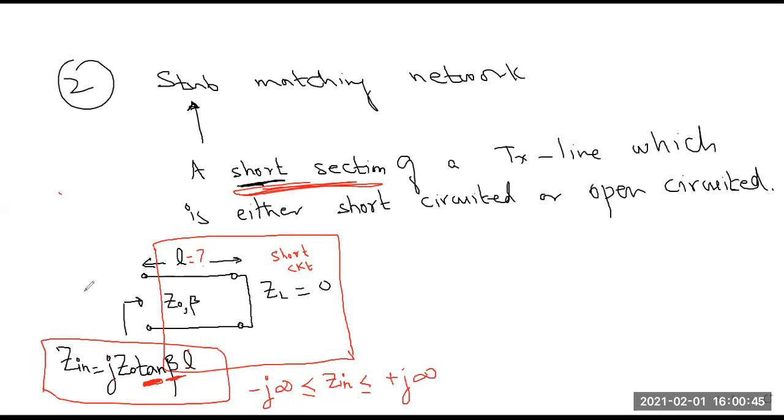So the important point is this line is acting as a reactive element. It can act as a capacitor or it can act as an inductor as well. If it is giving us minus j something, what is that? If you have Z equal to minus jX, what type of element is this? If impedance is minus jX, what is this thing representing?